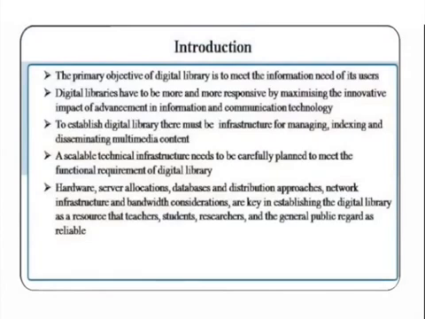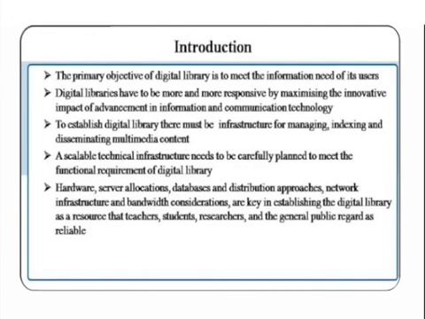Well, we all know that the primary objective of a digital library is to meet the information needs of its users. Digital libraries have to be more and more responsive by maximizing the innovative impact of advancements in information and communication technology. To establish a digital library, there must be infrastructure for managing, indexing, and disseminating multimedia.